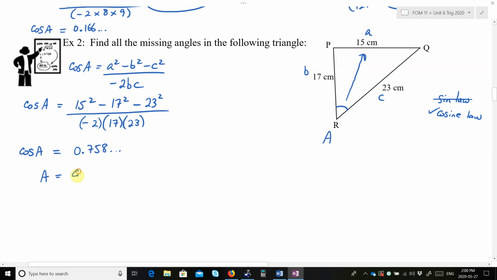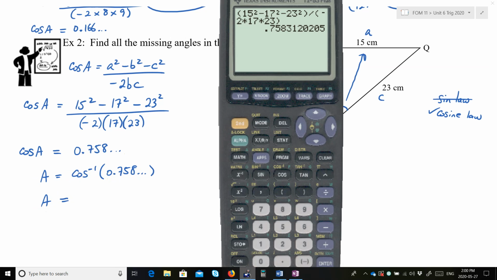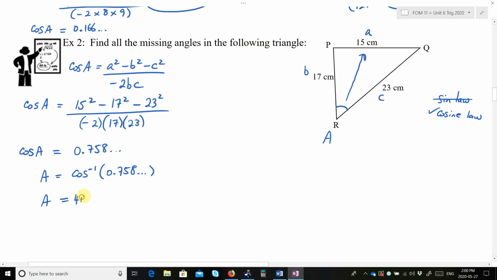And so A is equal to cos inverse of that 0.758 stuff. And we get about 41 degrees.